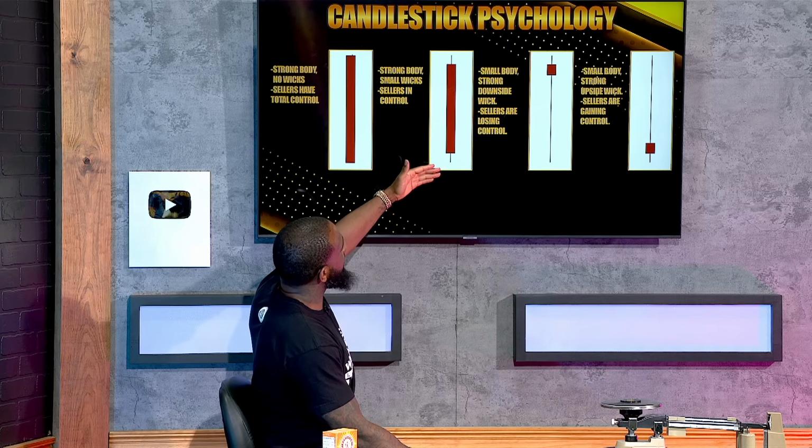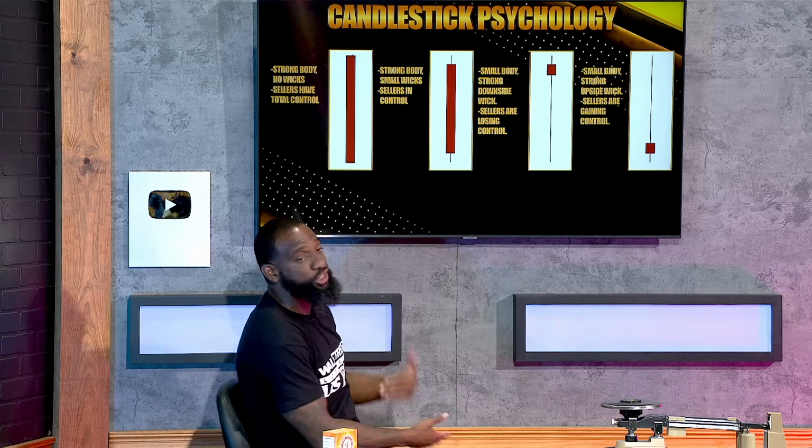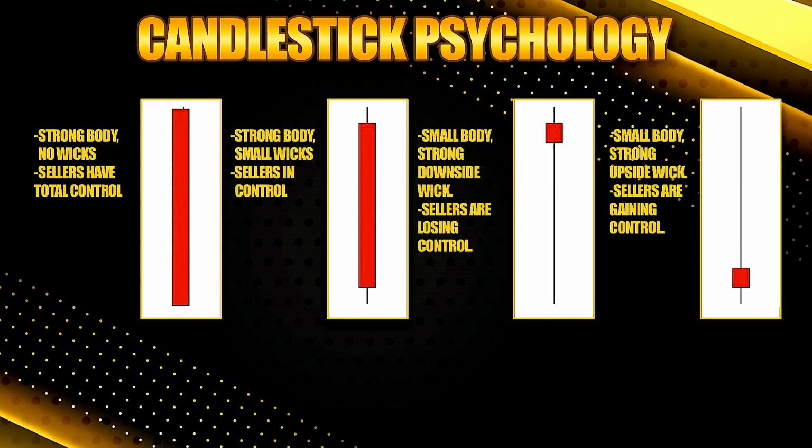This next candle is almost similar, but you see a wick at the top and a wick at the bottom. That tells us there was some fight involved. Somebody stepped in and said, hey, nah, y'all doing too much.